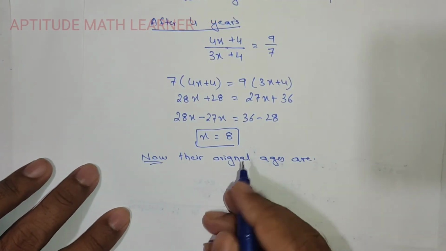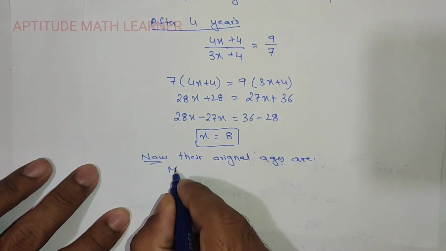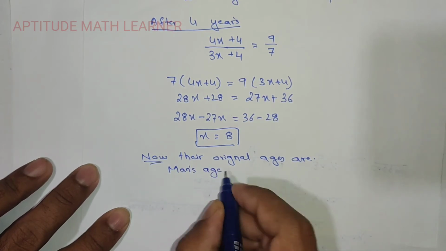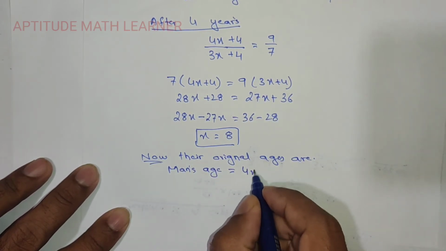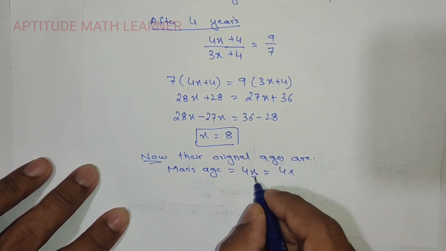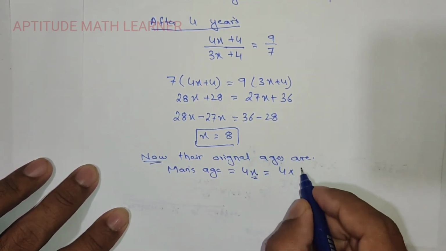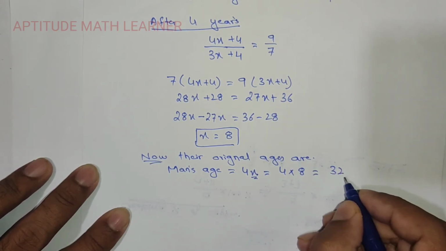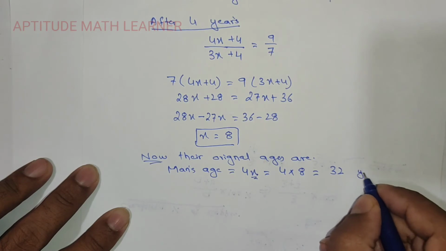So the man's age, 4x, is equal to 4 multiplied by the value of x, that is 8, which is 32 years.